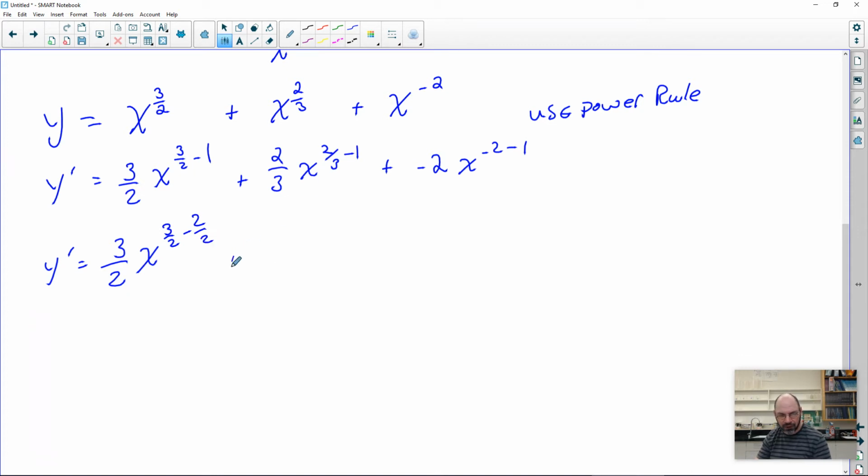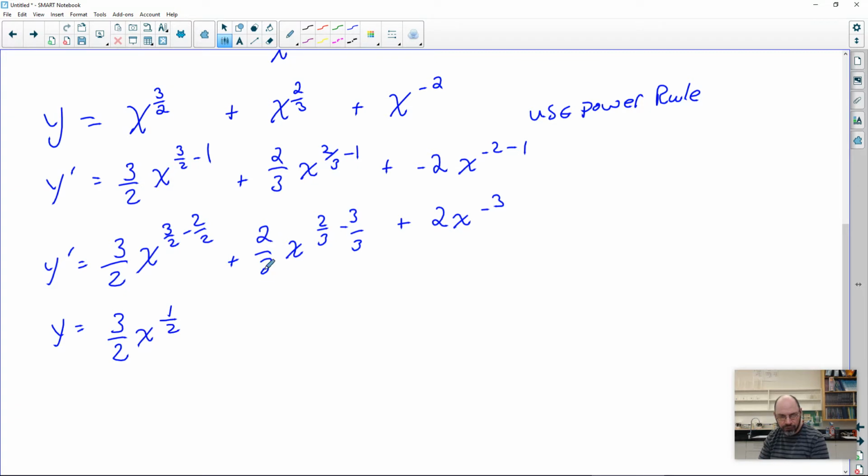And this one's going to be 2/3 x to the 2/3, and minus 1 is 3 over 3. And then plus 2x to the minus 3. Okay, so if we simplify our exponents, we get 3 over 2 x to the power of 3 minus 2 is 1 over 2, 1/2.